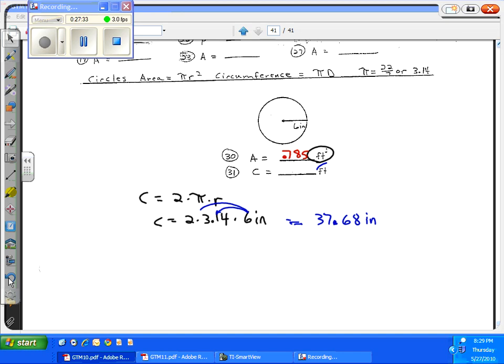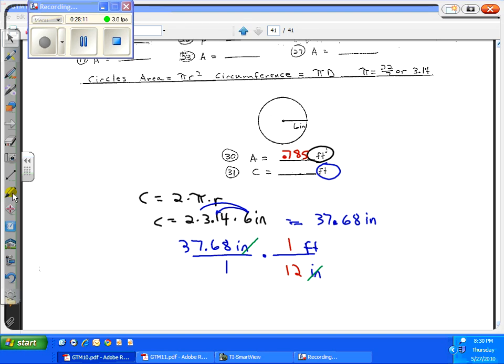But we didn't want the answer in inches. We wanted the answer in feet. So we're going to multiply such that we lose the name inches and gain the name feet. Feet is larger, so we put 1. How many inches are in a foot? 12. We are talking about feet and inches, so we leave it 1 and 12. The name inches cancels.